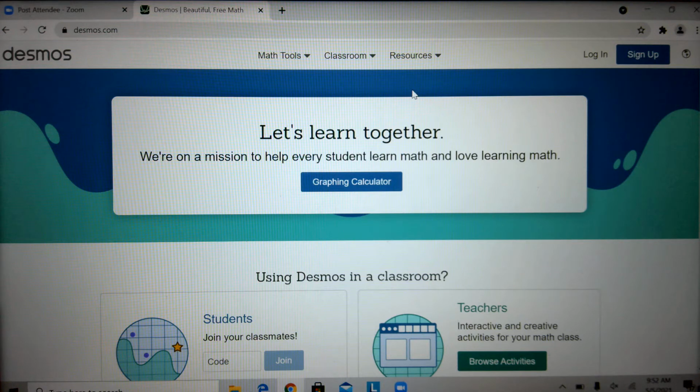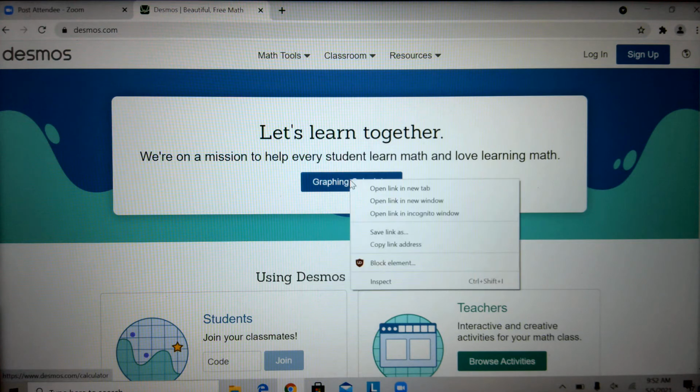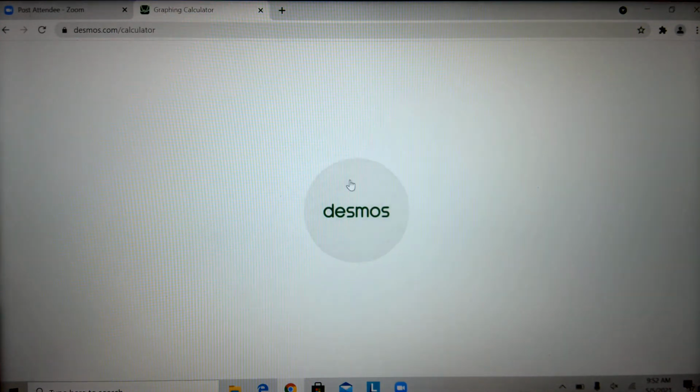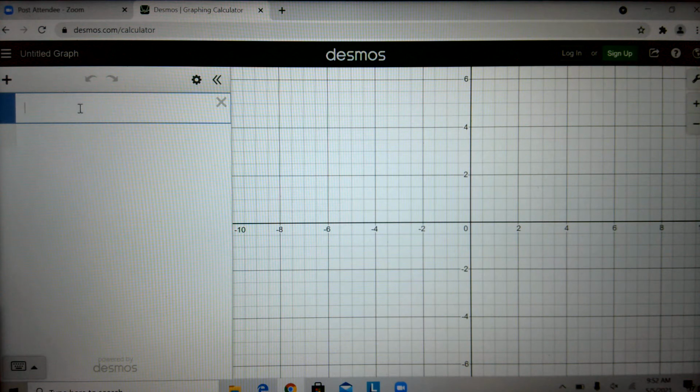So what I want to first do is go ahead and log into desmos.com. The screen will pop up and you're going to go ahead and click on graphing calculator. Go ahead and click on that. There we go. And in this first box up here in the left hand corner, we're going to type in the function y equals a sine parentheses bx minus c, end your parentheses, plus d.